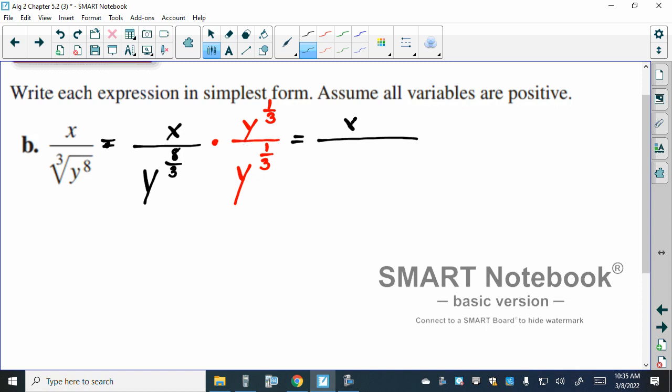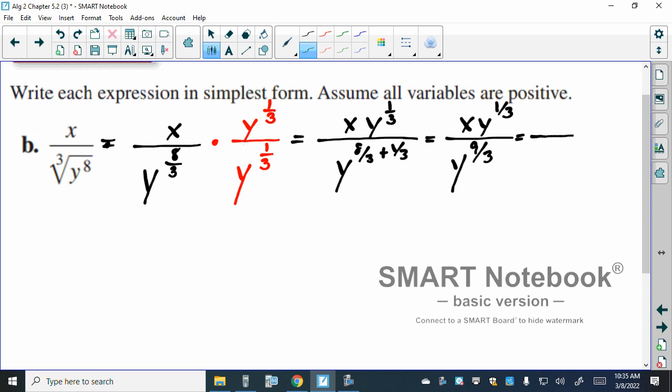So the numerator is going to be x times y to the 1/3. The denominator, since the y's are the same, we're adding the exponents. Yes. Because we would get y to the 9/3, which gives us y cubed in the denominator.